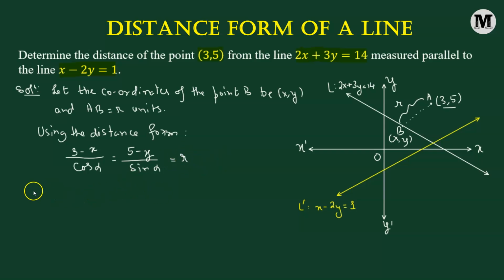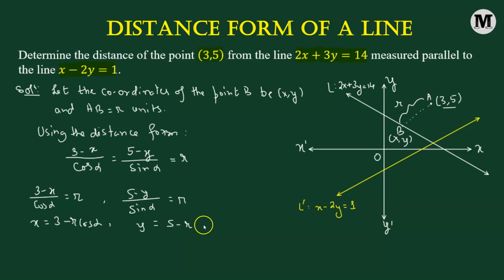Okay, so what we can do here is rewrite this as (3 - x) over cosine alpha equals r, or we can say (5 - y) divided by sine of angle alpha, that is also equal to r. So let's isolate x and y from both sides. We are going to get x = 3 - r cosine alpha, and y = 5 - r sine alpha. So here what we have done is expressed the coordinates of the point B, which are taken as (x, y), in parametric form.